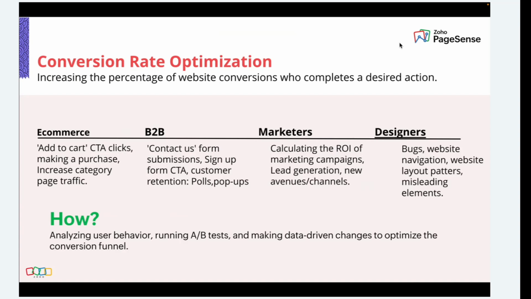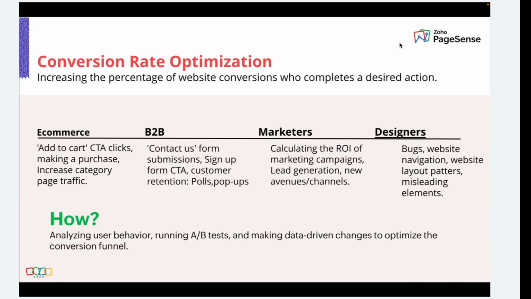It starts with analyzing user behavior, identifying areas for improvement, and implementing strategies for increased conversions. These strategies include optimizing website design, content, user experience, and marketing efforts. Anything that pushes the visitor's button to make the desired action.